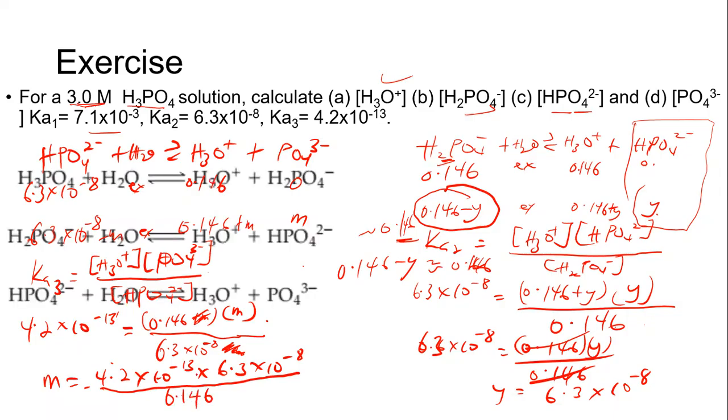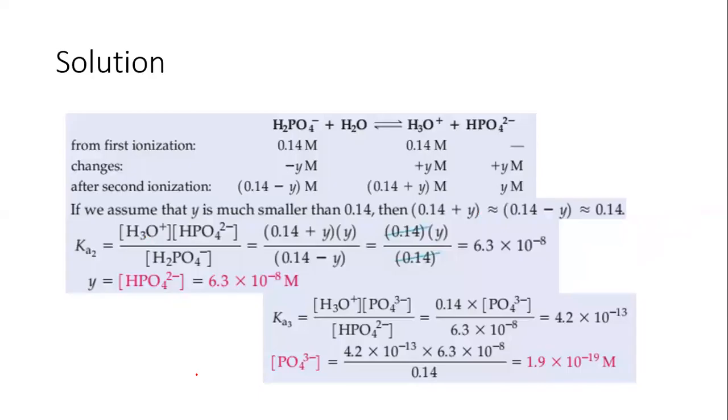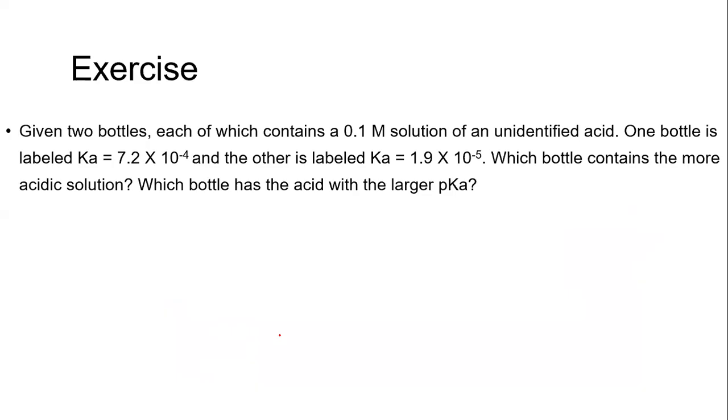Now, if we do this very well, we should be able to arrive at the final concentration. Now, the question has been solved, so we can just refer. This will be our final answer, 1.9 times 10 raised to the power -19, and that should be the concentration of the PO4 3 minus. Very simple. Good. The next question.